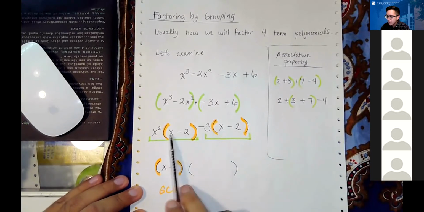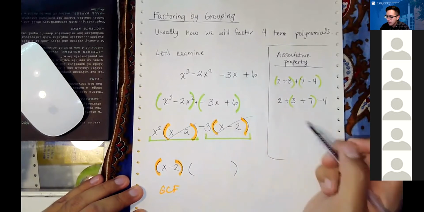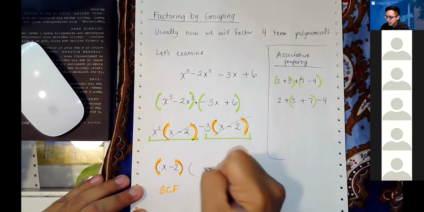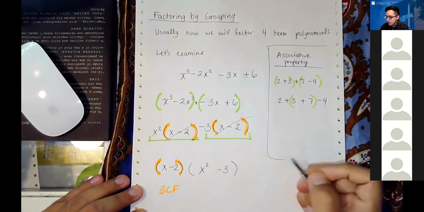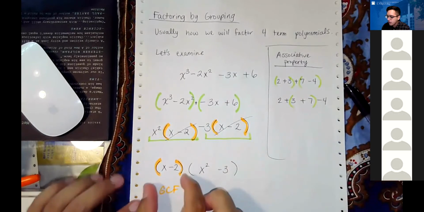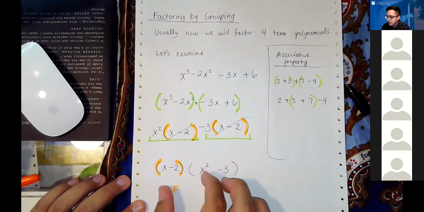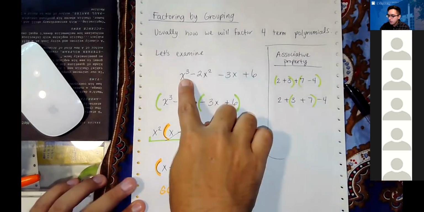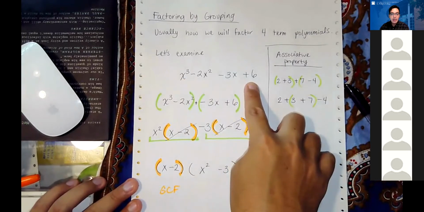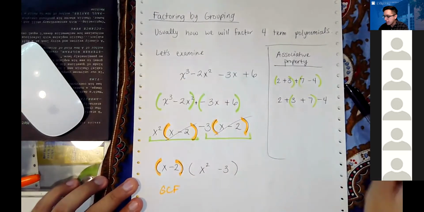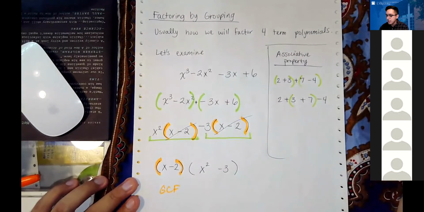Well, the stuff that was left over, if we took this out, is x squared minus 3. And sure enough, if we run through that multiplication, and then distribute this out again, we'll get our original statement back. But I'll leave the checking for you guys. Does anybody have any questions about that?